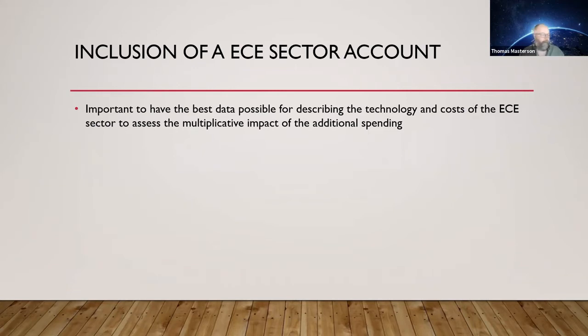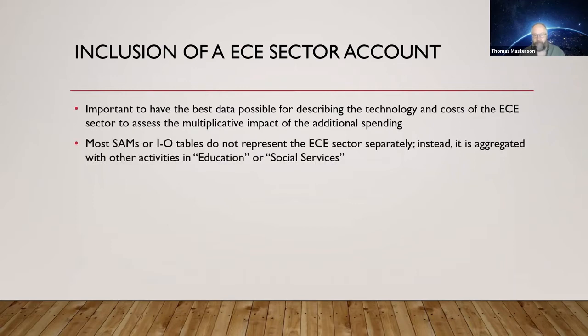But most SAMs or input-output tables don't actually represent this sector separately. It's aggregated with other activities like education or social services. Maybe part in each or all in one or the other, but not a separate sector in and of itself in most SAMs.